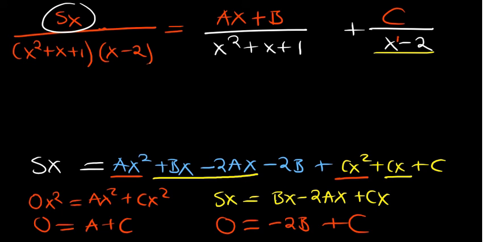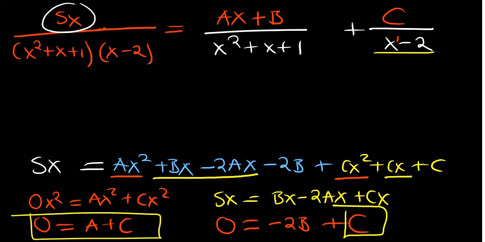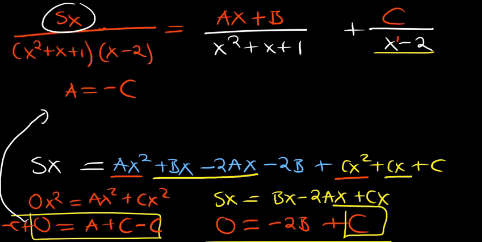So which one is the most simplified one? So this one. I can make C the subject there, or I can just make A. So for this one, we're going to have our A being equal to negative C. If we add the additive inverse on both sides, A becomes equal to negative C. And then this other equation, we can make C the subject, so we can add 2b both sides.